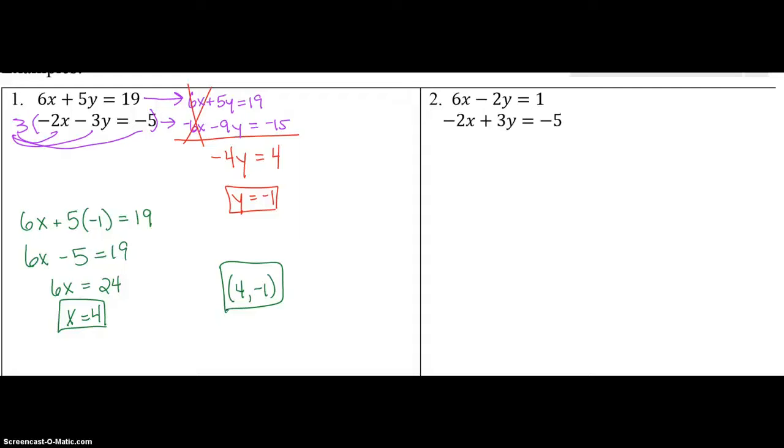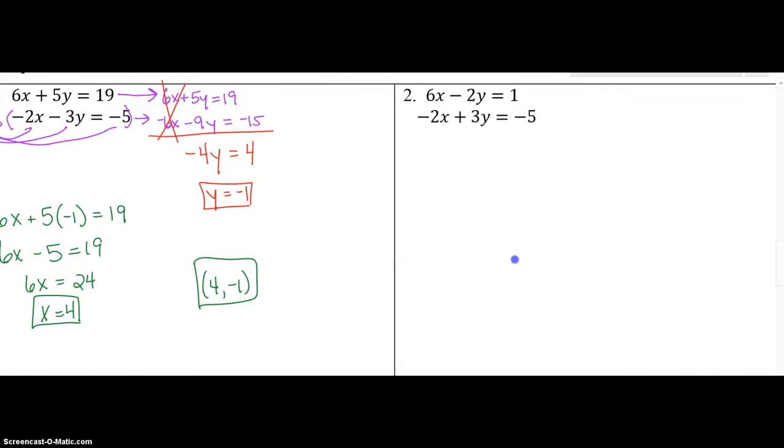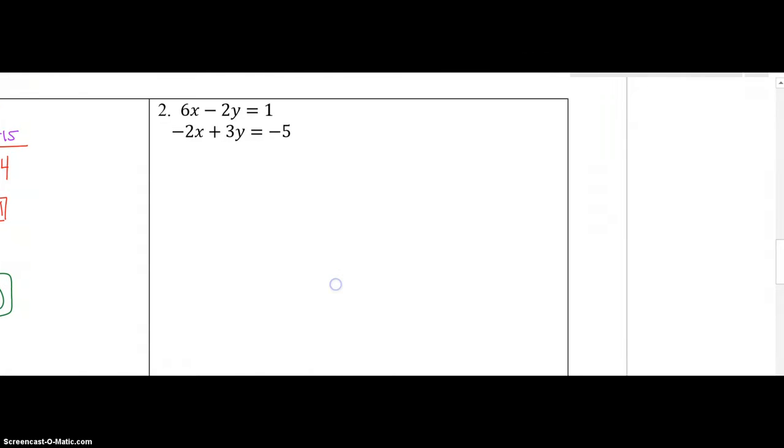All right. Number 2 is super similar to number 1. What are we multiplying by? 3 on the top equation or the bottom equation? Bottom. It's going to give us a negative 6 again, which cancels with the positive 6. So, just like in number 1, the top equation stays the same.